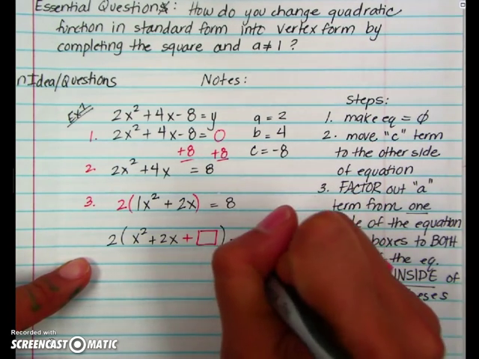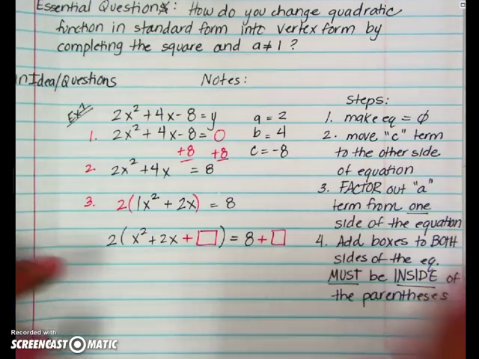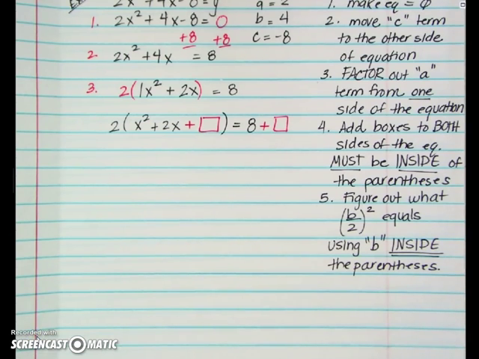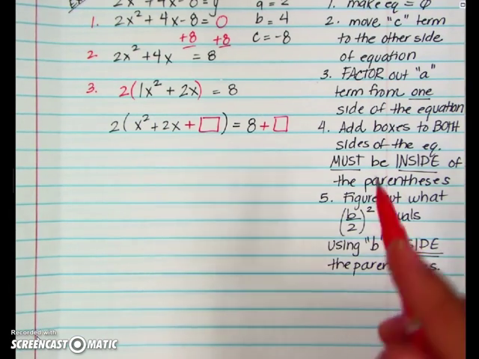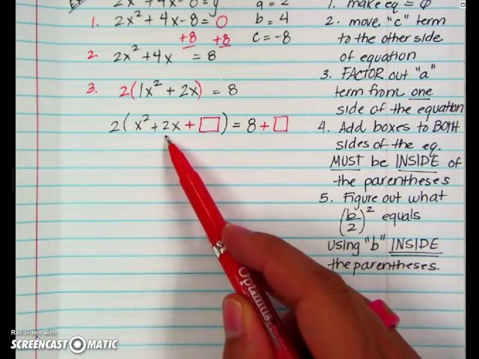And you're going to write is equal to 8 plus your box. Do you guys know what needs to go inside the box? So step 5 says figure out what b divided by 2 equals using b inside of the parentheses. So it's no longer the b from our original problem, it's the b from the parentheses.